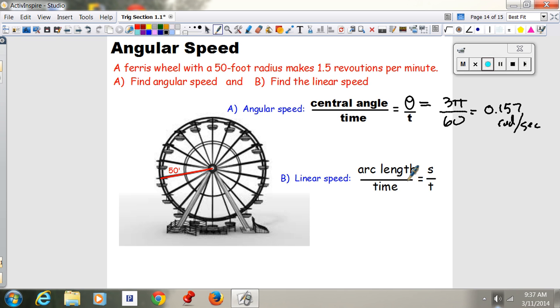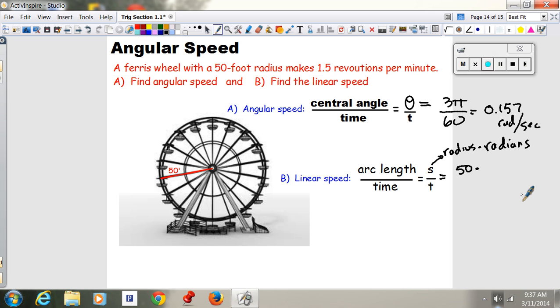Okay, the arc length would be the length all the way around. So we want to take the arc length we learned on our last slide, which was the radius times the radians. So what's the radius of my Ferris wheel? 50 is my radius. What's the radian measure?